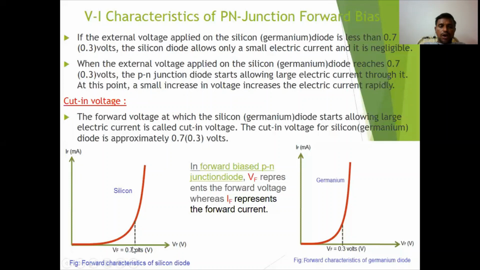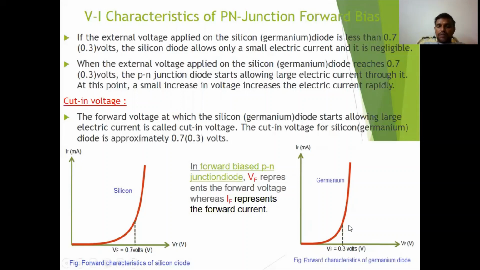After reaching 0.7, suddenly the current increases. That means at that point the depletion region width is reduced to 0 in the ideal case. Therefore at 0.7 volts for silicon, a large amount of current flows in the p-n junction diode in the forward direction from p to n.